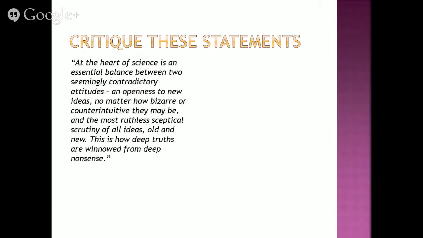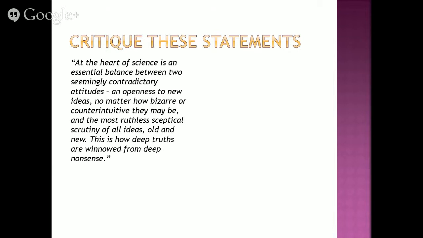The first one reads, "At the heart of science is an essential balance between two seemingly contradictory attitudes, an openness to new ideas, no matter how bizarre or counterintuitive they may be, and the most ruthless skeptical scrutiny of all ideas, old and new.